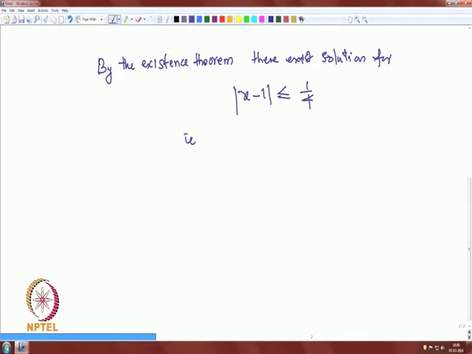So, the interval is 3 by 4 less than or equal to x, less than or equal to 5 by 4, is the interval on which we have a solution.